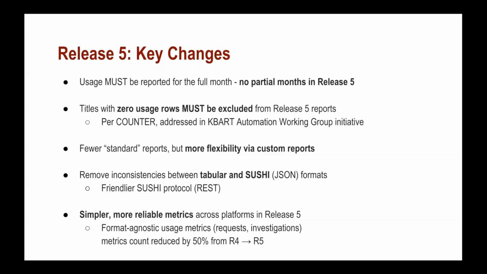With the reduction of metrics almost by 50% from R4 to R5, libraries should have a much easier time comparing data across platforms. Whereas in R4, there were more questions about how each platform was doing this, and I needed different reports to be able to compare different things because of the way that usage is happening. I think that'll be an improvement for libraries as well.